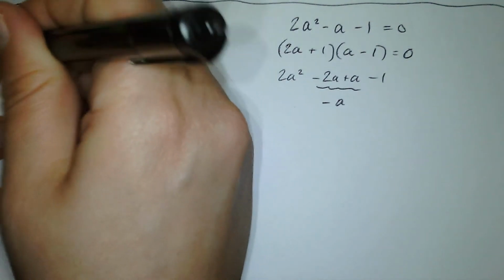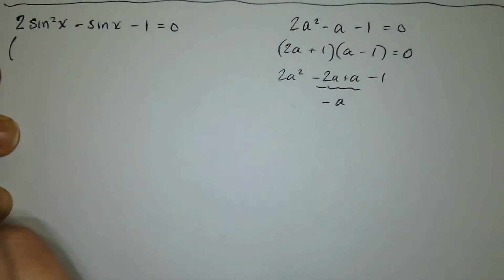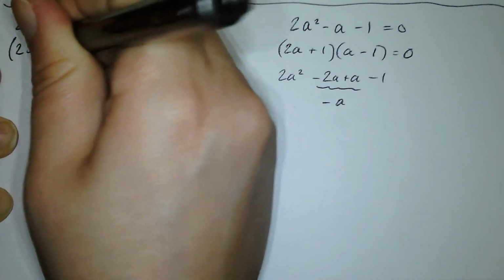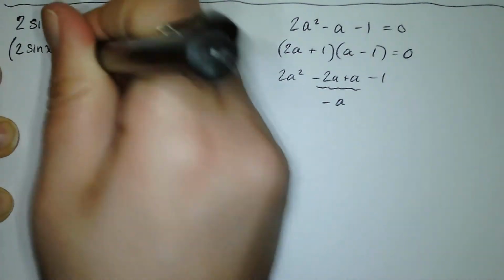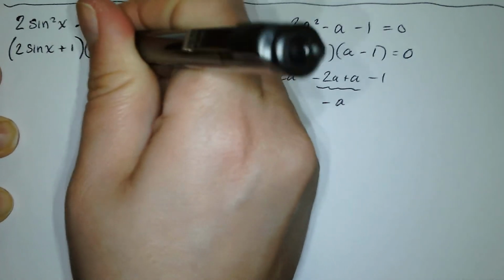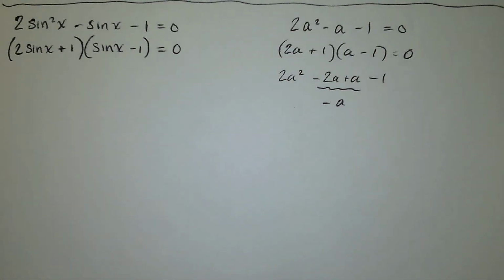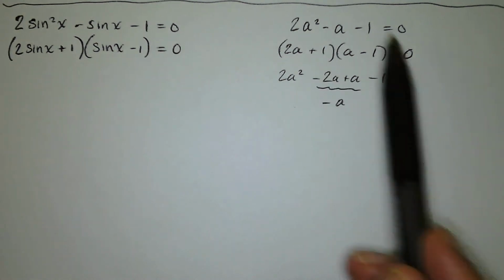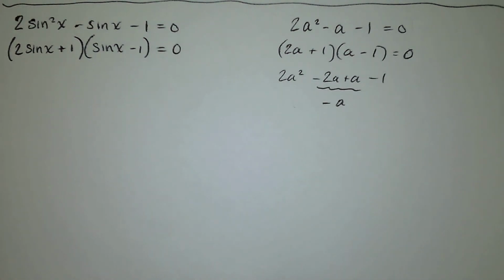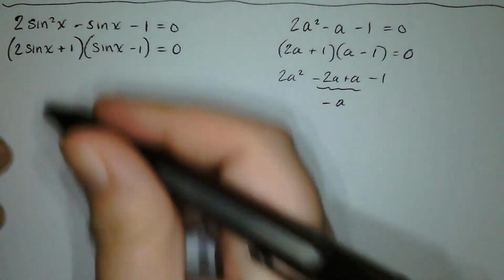I can go back over here and factor this into 2 sine x plus 1 in the first parentheses and sine x minus 1, just like that. And this step is not necessary. If you're able to do that without that step, then by all means, don't do that step.